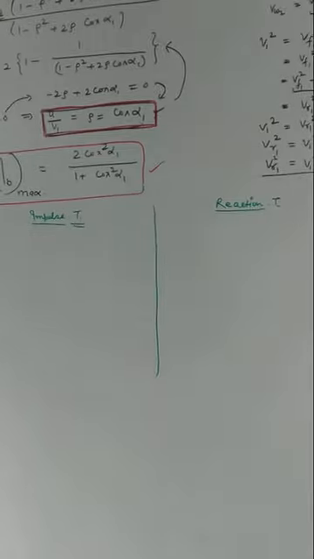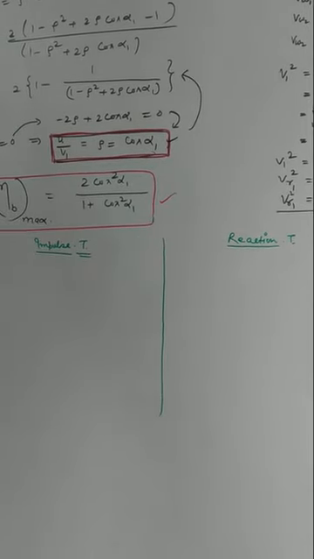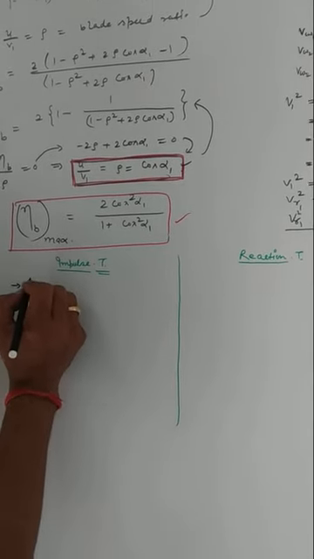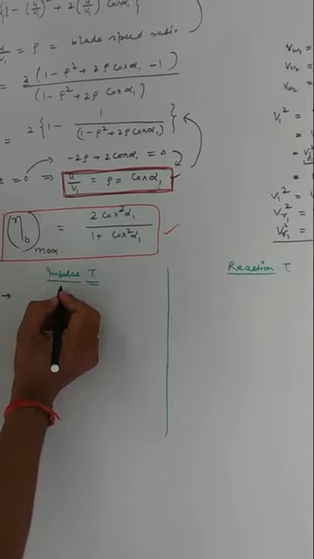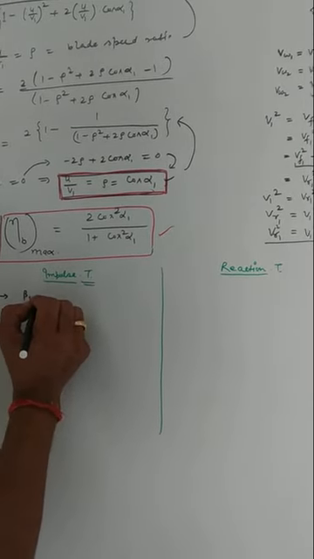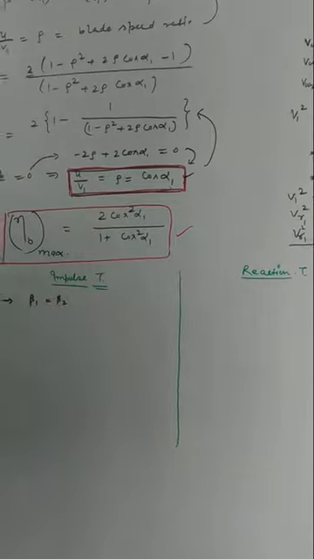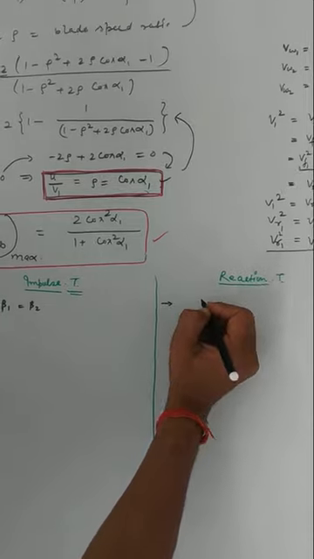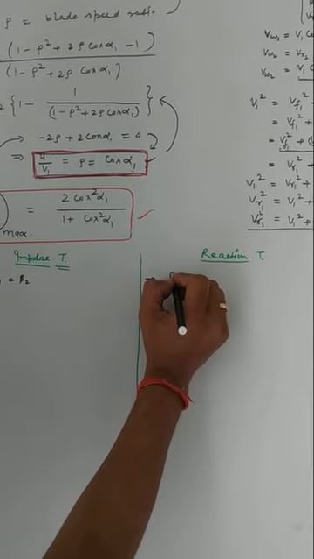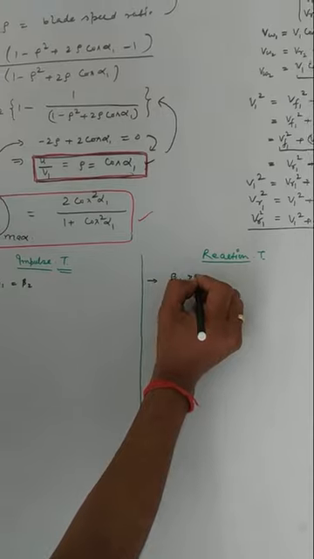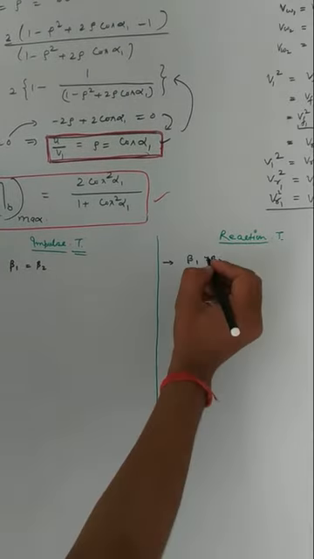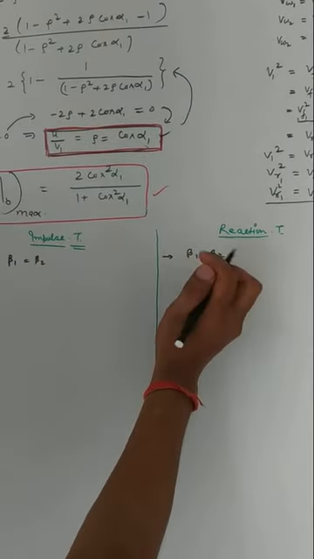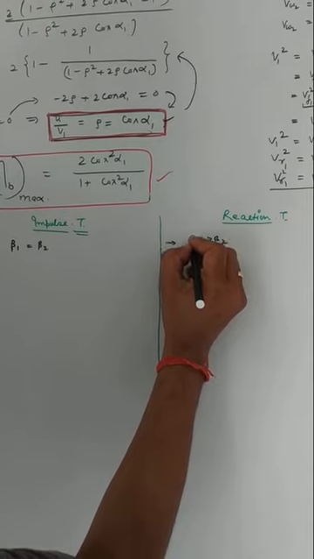The first point is, in case of impulse turbine, the blades are symmetrical, beta 1 is equal to beta 2, and here the blades are designed in such a way that beta 1 is greater than beta 2, for the aerodynamic blades.